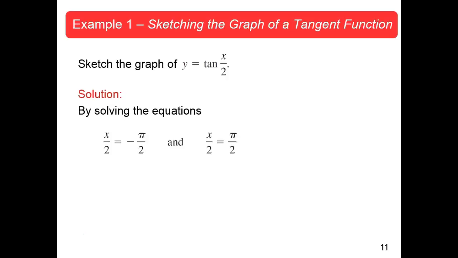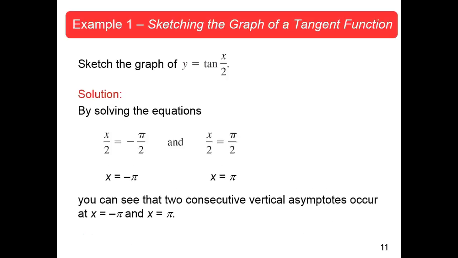But then when you do this, you see you can multiply both sides of the equation by 2, and that gives you x equals minus pi or plus pi. That's where your vertical asymptotes are. Okay? Two consecutive vertical asymptotes occur at minus pi and pi. That means the period between them is 2 pi, because the difference between minus pi and pi is 2 pi.